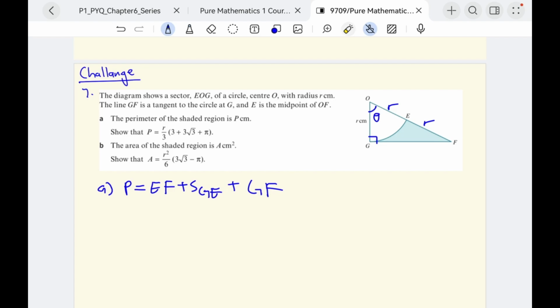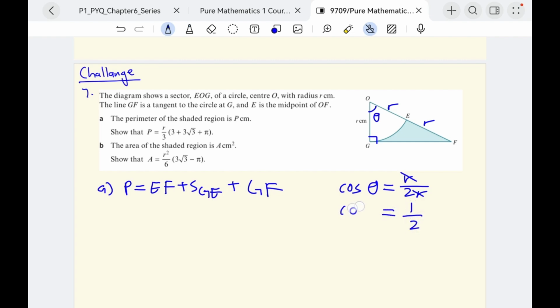What you have is the adjacent side, which is OG, equal to r, as well as OF, which is twice the radius, 2r. So you can state that tangent theta equals... sorry, not tangent, it is cos, because of the ratio of the adjacent side over the hypotenuse. There are two r's, so you can cancel the r as a common factor.